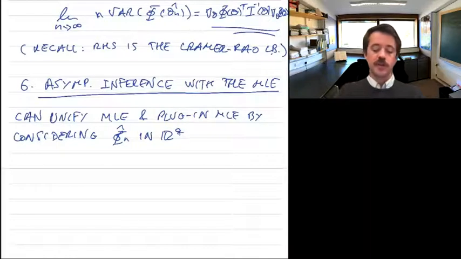If you want to talk about the MLE, well, the MLE is just a plug-in MLE for the identity function, right?